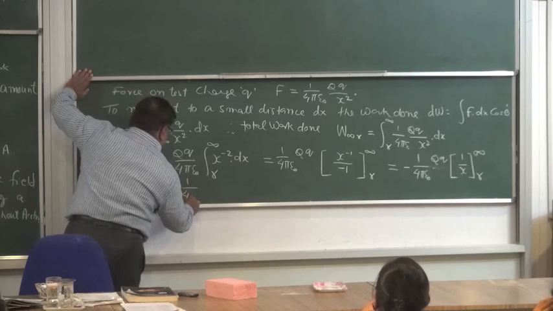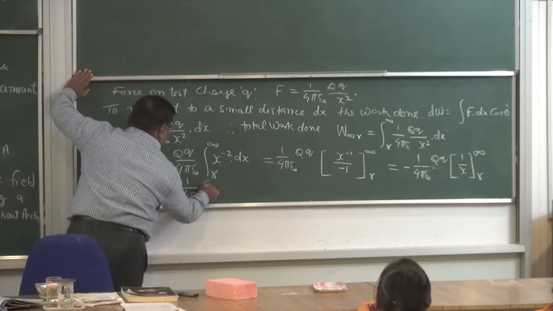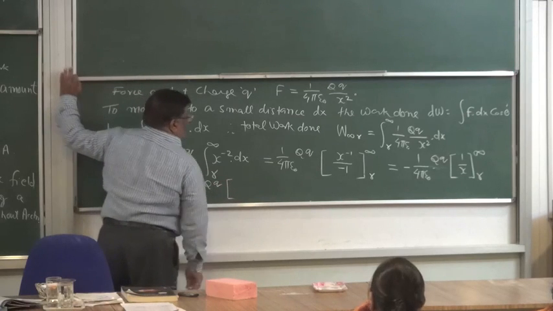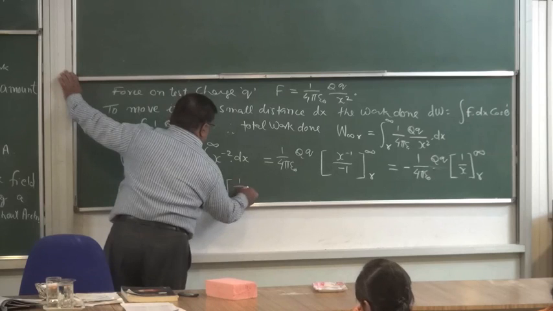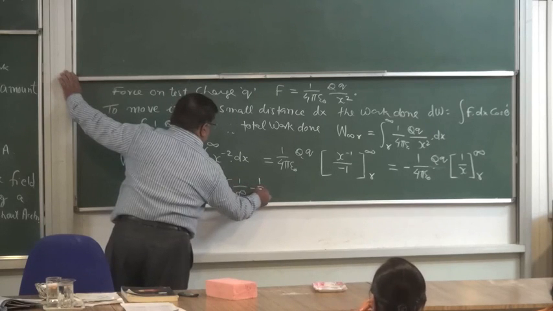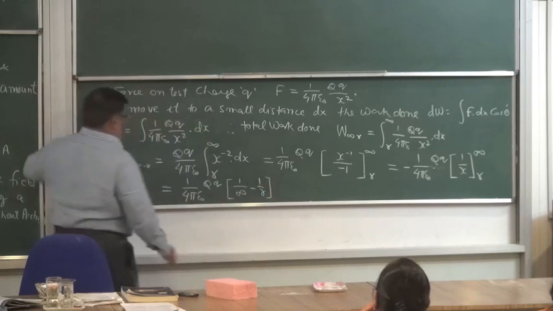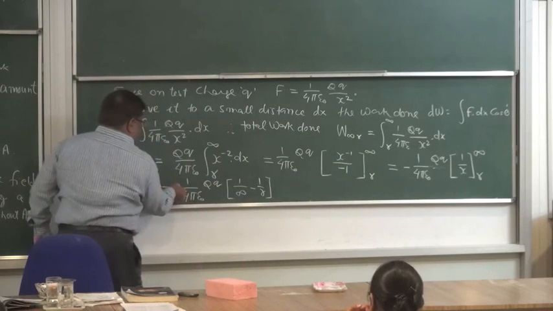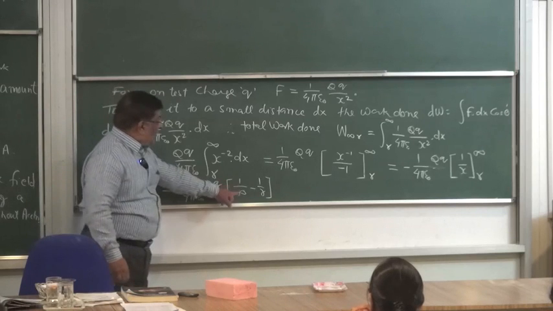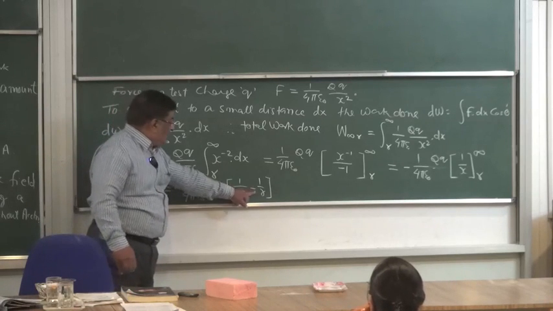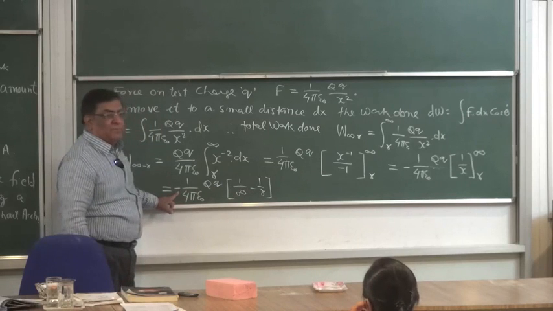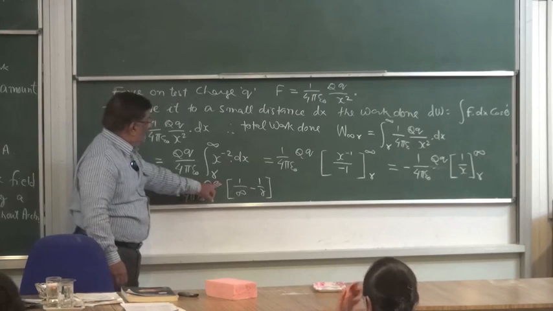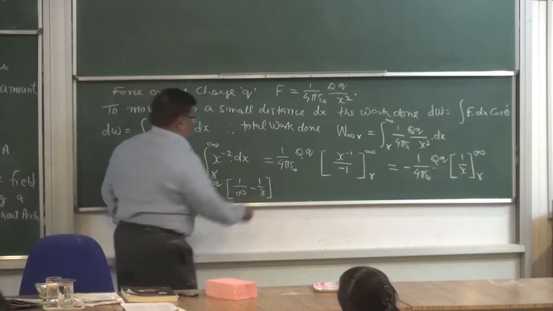1 upon 4 pi epsilon naught q, what will be in the box, 1 upon infinity minus 1 upon r, and there is a minus outside, minus 1 upon infinity is 0, this minus and this minus will become plus, so what do we get, 1 upon 4 pi epsilon naught q upon r.